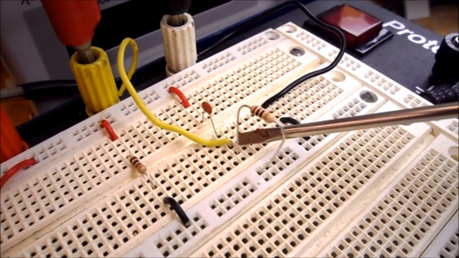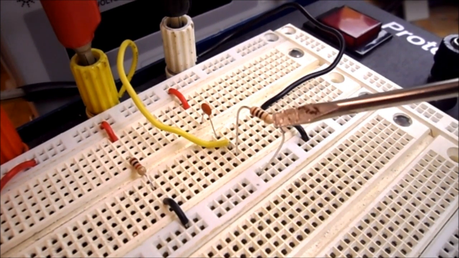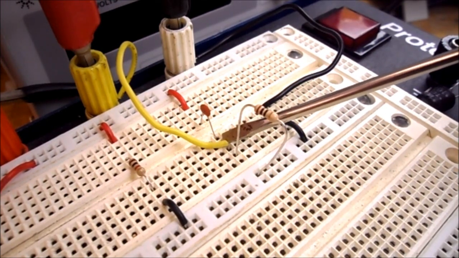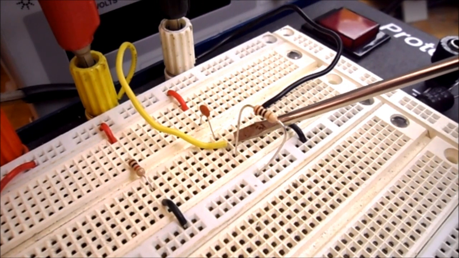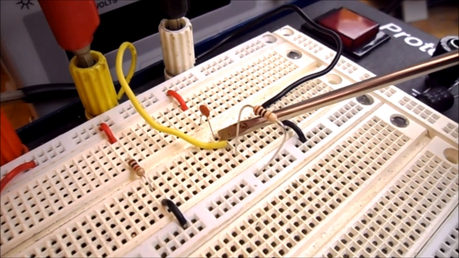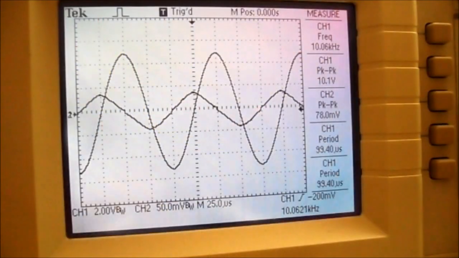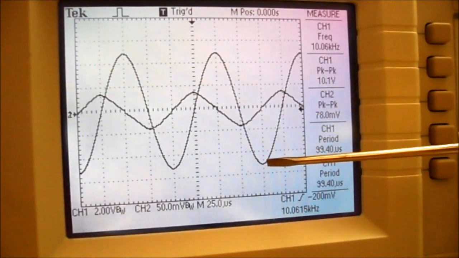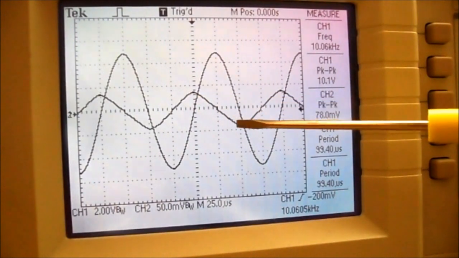And I've removed the link that was going to my 10 nanofarad capacitor and put in my 10 ohm resistor, and moved my yellow wire, which goes to channel 2 of the oscilloscope, to the junction of the 10 ohm resistor where it meets the 10 nanofarad capacitor. So over on my oscilloscope, you can see this main waveform is my voltage input. The smaller waveform is the current through the capacitor.